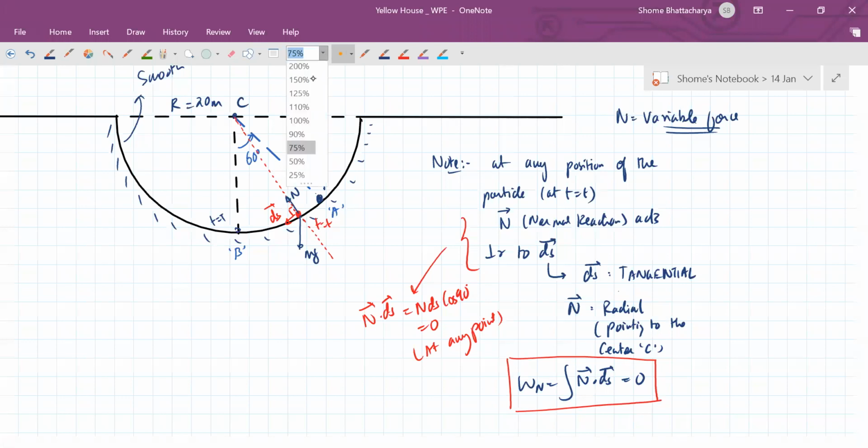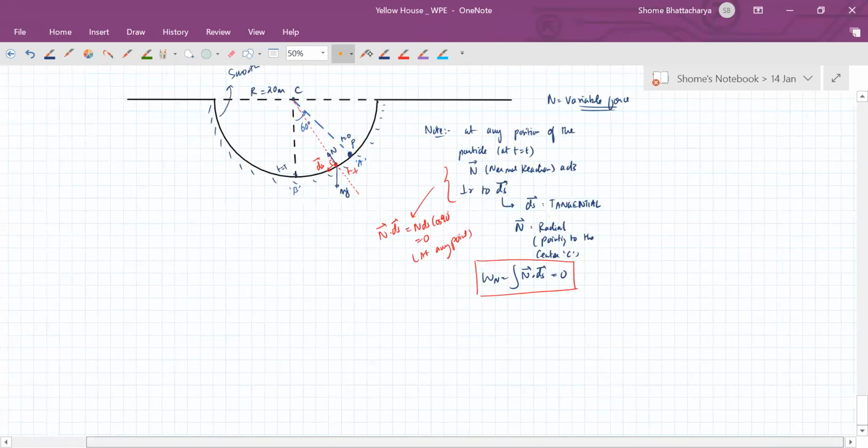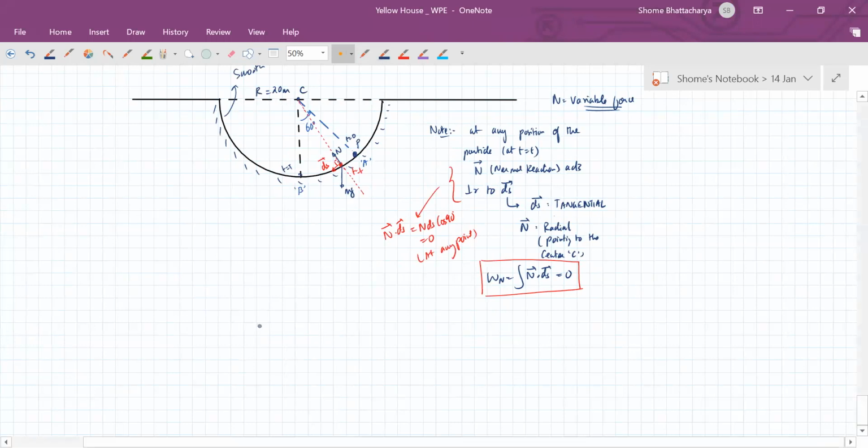Okay. Whereas as you might have guessed, when it comes to the other force, the work done by mg, we don't have to use integration. Work done by mg, that is a constant force. Okay. So we can write it as a vector as minus mg j cap, taking this as our xy.